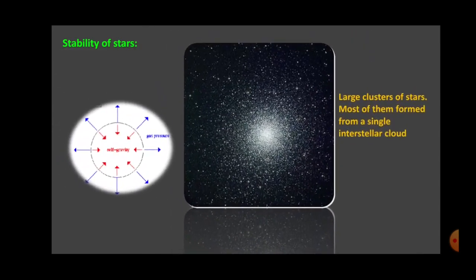Then we have to study the stability of stars. Now I'll give you one example. How are these stars stable? Stars are nothing but spheres of hot gases, and we know that hot gases disperse very fast.